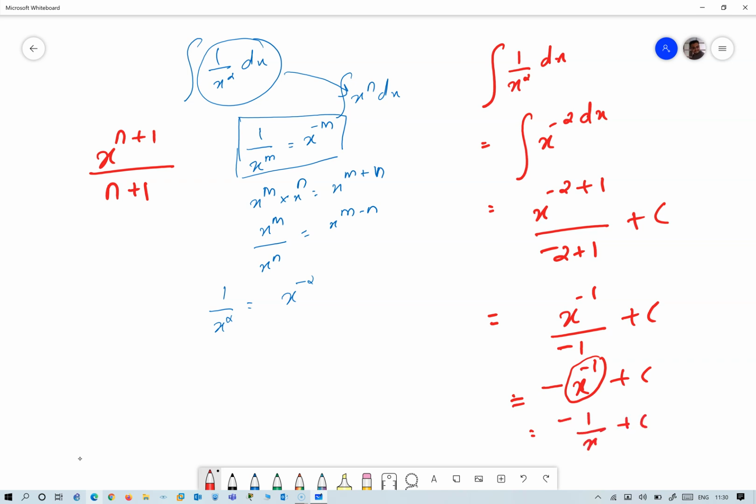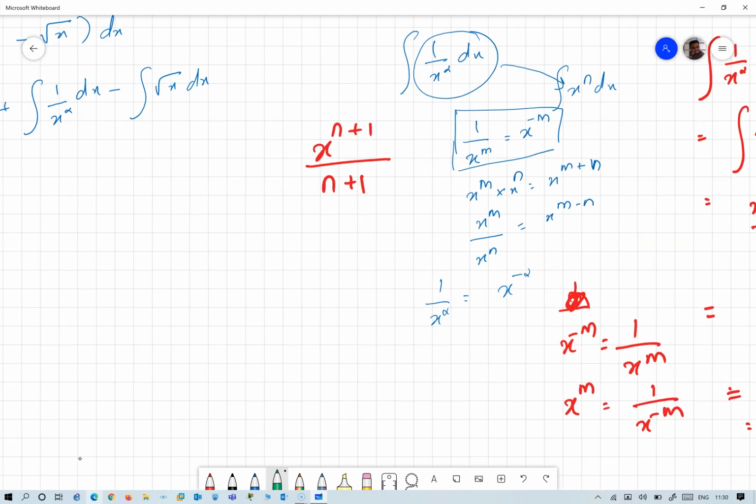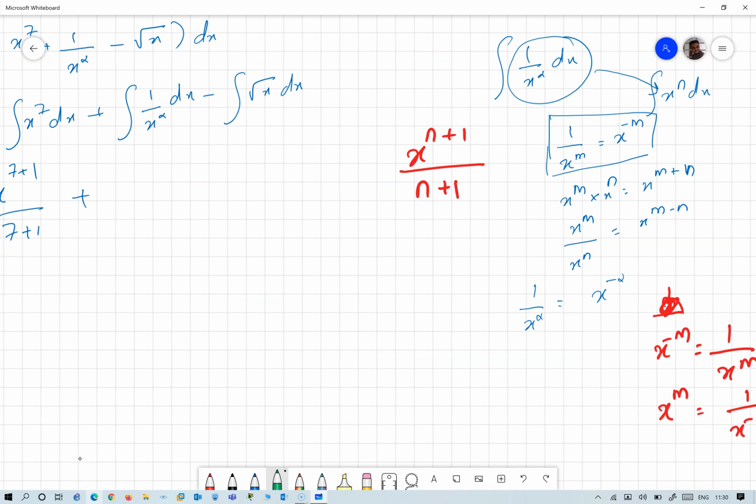According to our rule of indices, x to the power negative m is 1 over x to the power m.